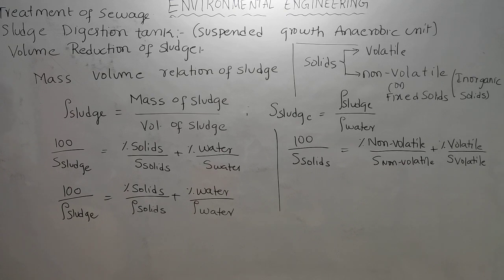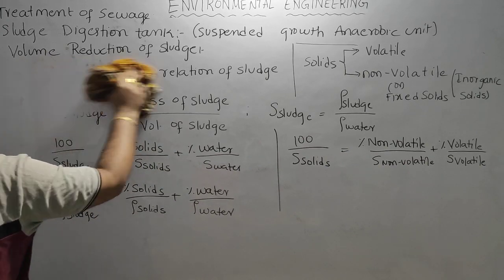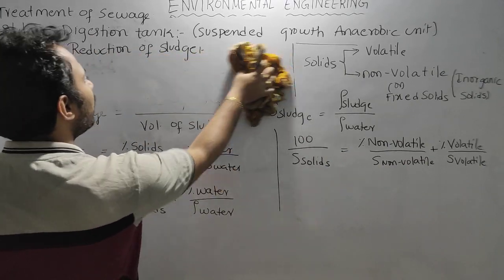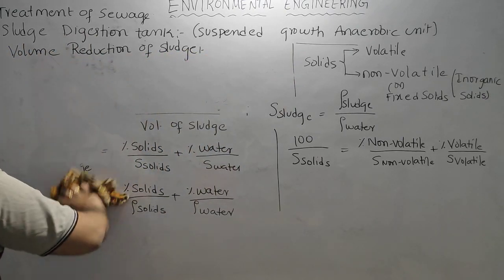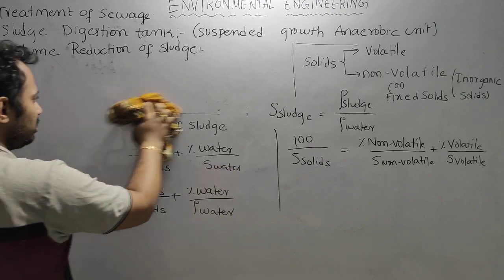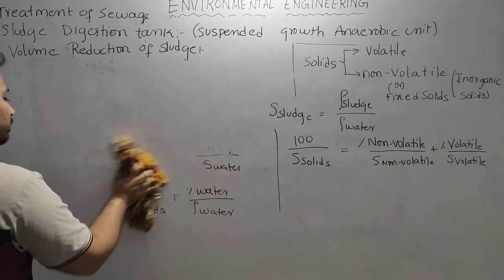So now let us see how we do the volume reduction of the sludge. Here I am taking the moisture content of the pre-treated sludge, before sending the sludge into the sludge thickener, as P1, and the volume of the sludge before thickening as V1.